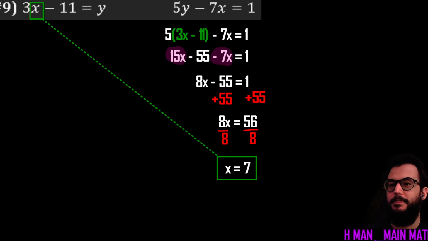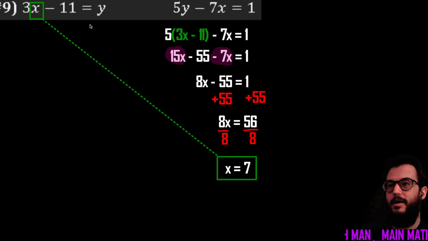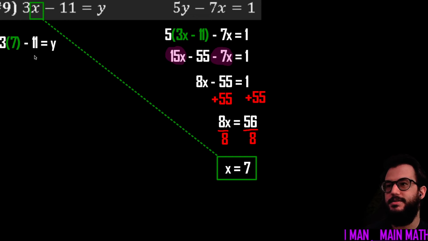So take that x value, plug it back into the other equation, and so now I'll be able to get my value for y. So I rewrite this equation like this. I'm going to say 3 times 7 minus 11 equals y. So when you rewrite it, I shouldn't have an x anywhere because I replaced it with a 7.